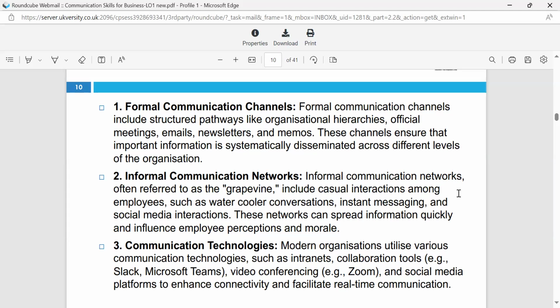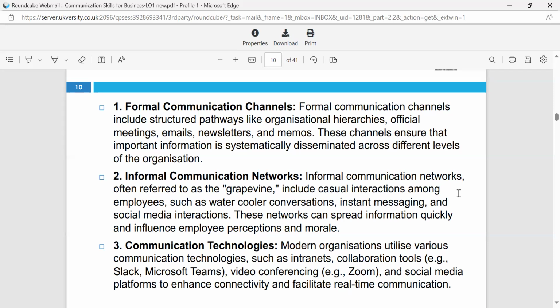Then we've got informal communication, and that in the workplace refers to exchanging of information outside of formal channels, such as memos and scheduled meetings. It can take the form of you and me, maybe working for the same organization, having a casual conversation.